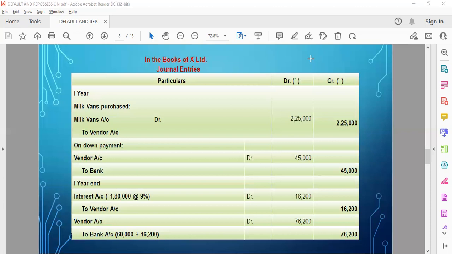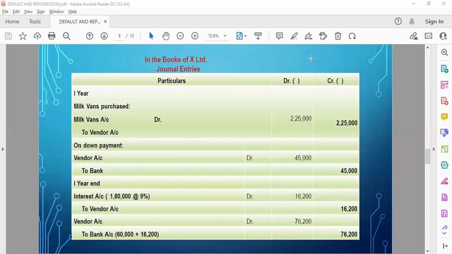Already we have made the payment of 45,000. So you should subtract 2,25,000 minus 45,000. How much is the amount? 1,80,000. For this 1,80,000, we should calculate interest.